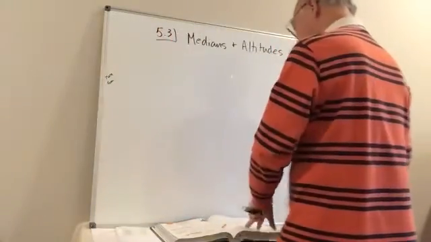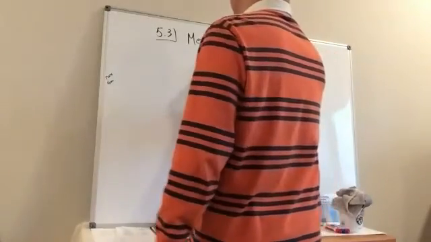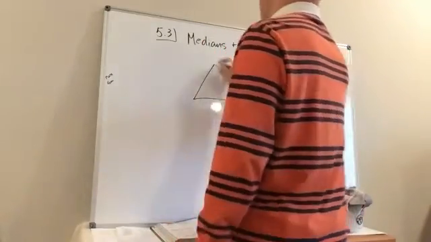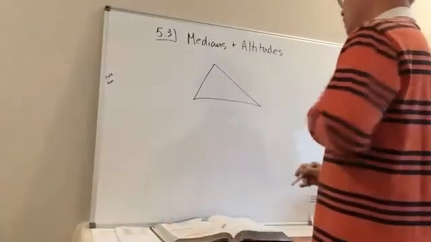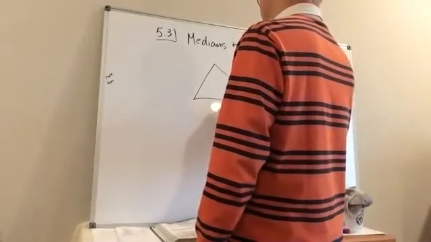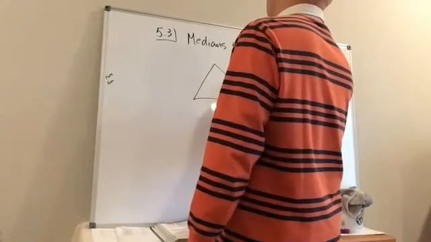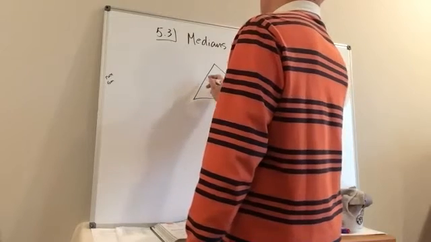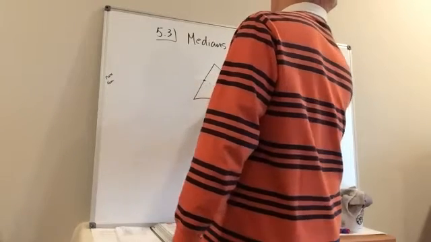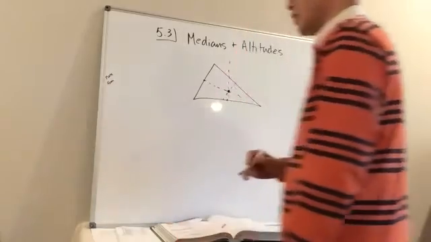In 5.2, we talked about what happens if we put these in a triangle. If I put the perpendicular bisectors in a triangle and connect them, I get a point inside.